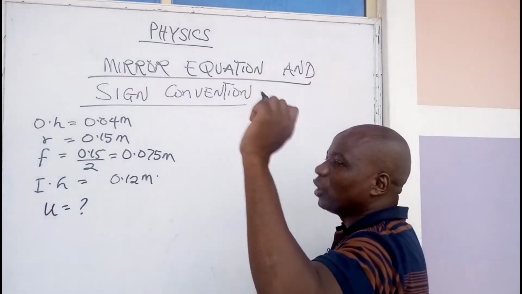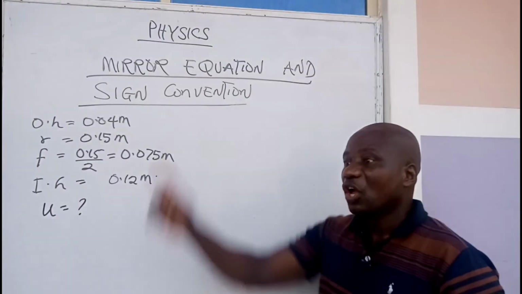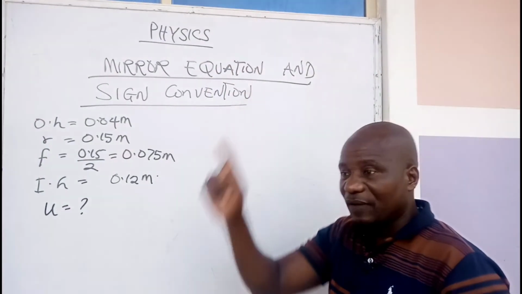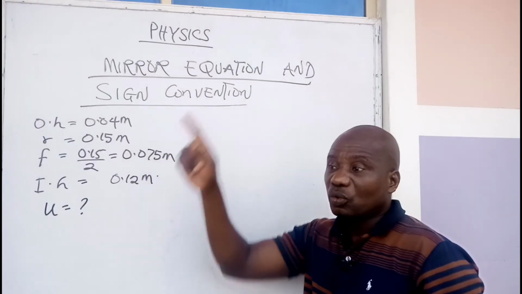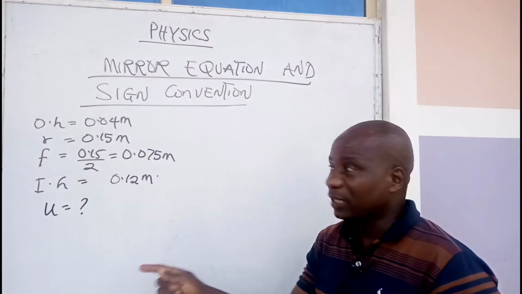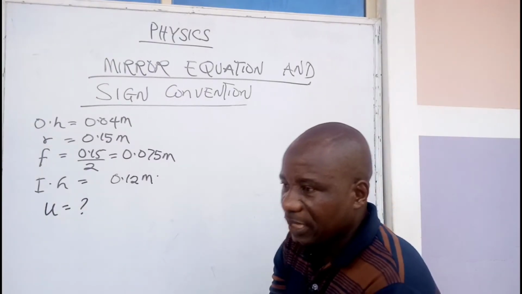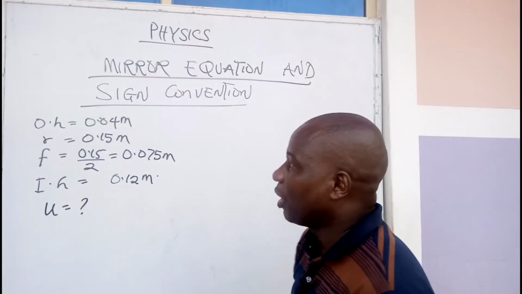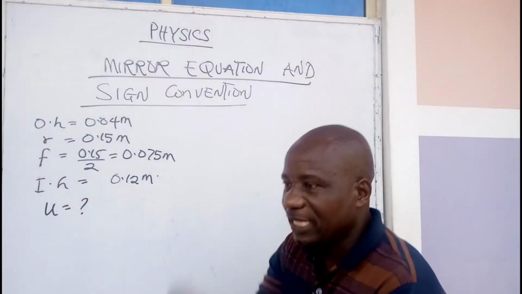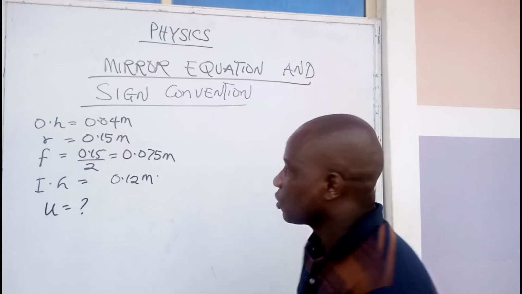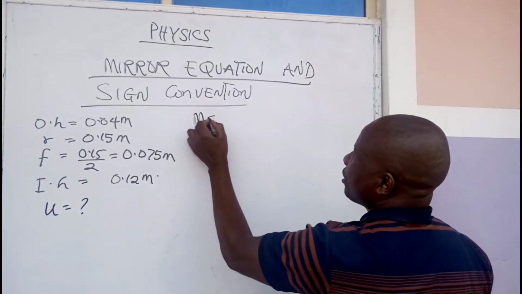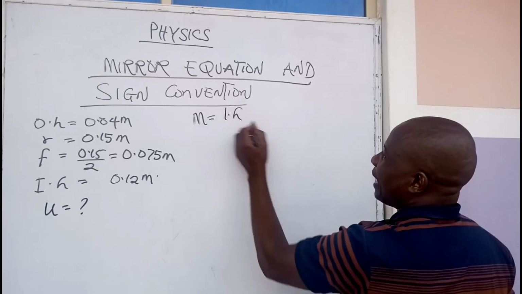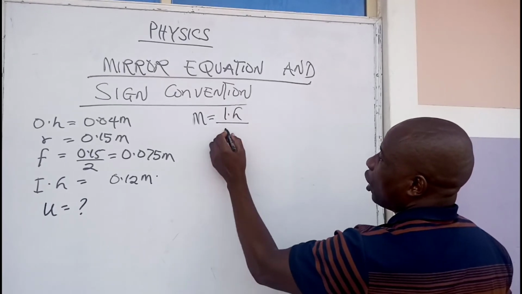I told you the other time that magnification is image distance all over object distance, which is equal to image height all over object height. Here we are not given object distance or image distance, but instead we are given the object and the image heights. So my magnification is image height all over object height.